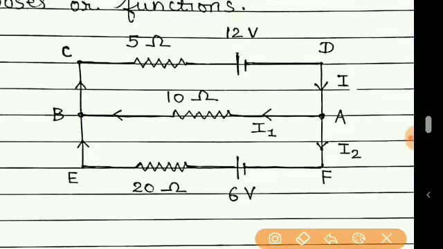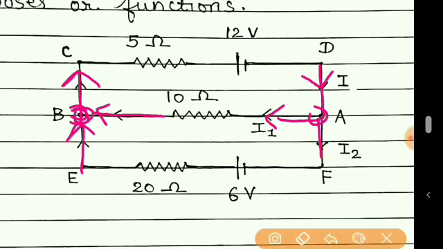So you can see here at point B, this current as well as current from this side are meeting here, and then the total current is moving in this direction. So either current is meeting at a point, or you can see here this current I is coming here and it gets divided into these two paths, I1 and I2.